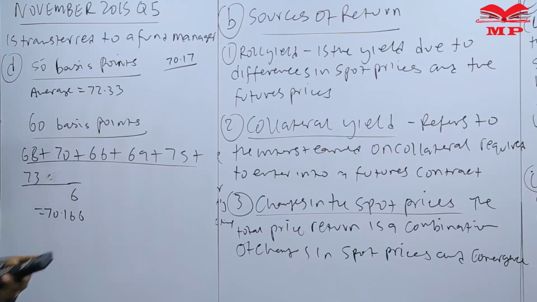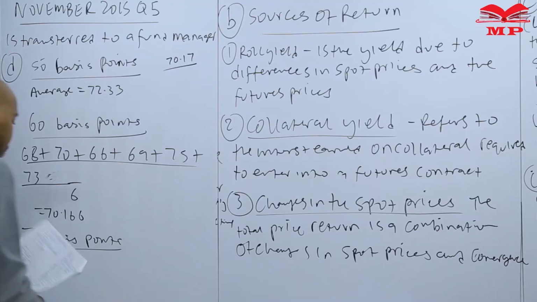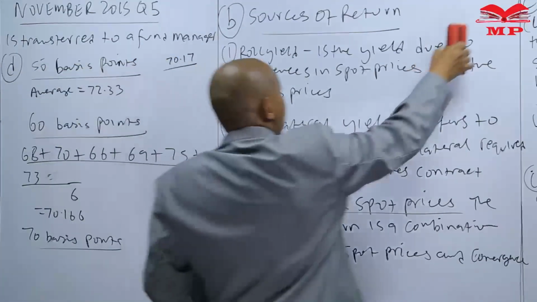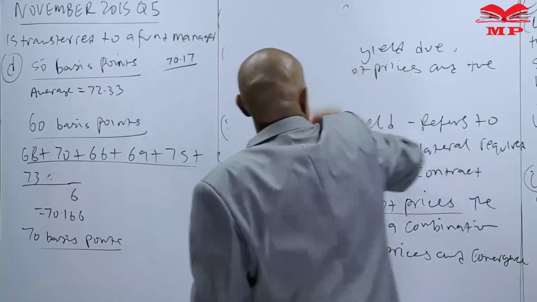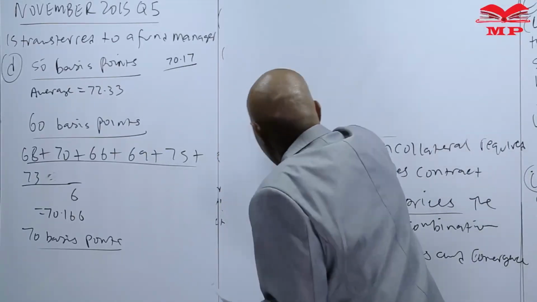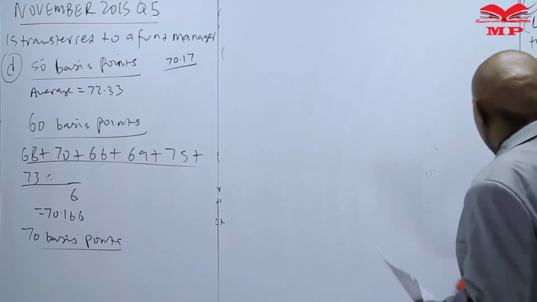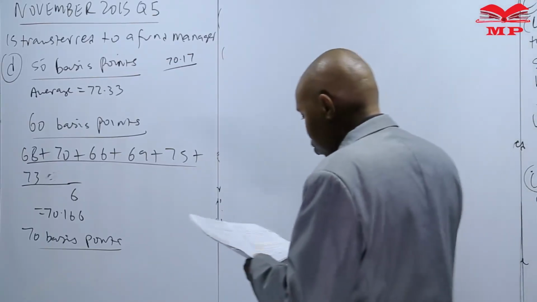But let's see if the 70 basis points spread also yields the same. So 70 basis points right there. I doubt it will actually be the same as the 70.17. However, it's good for us to be complete, and we need to ensure that we are complete about all the computations that we do.